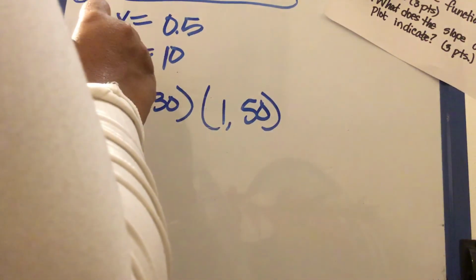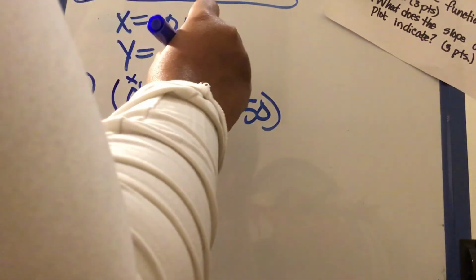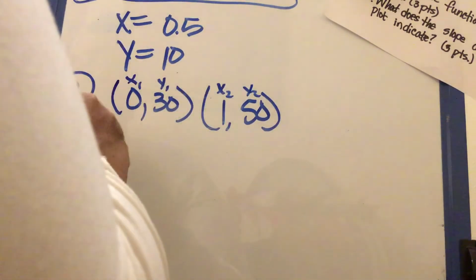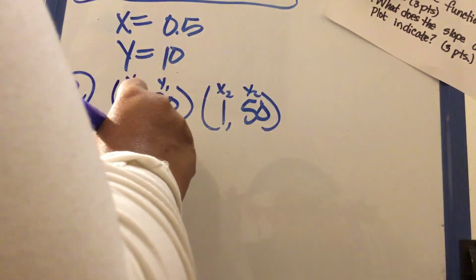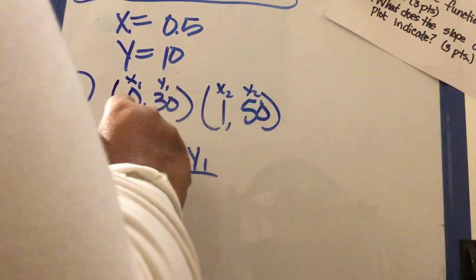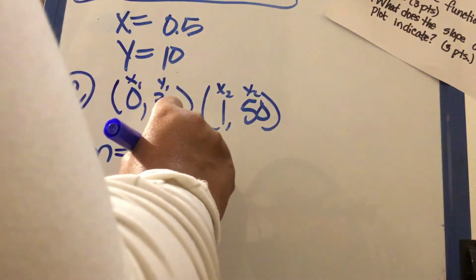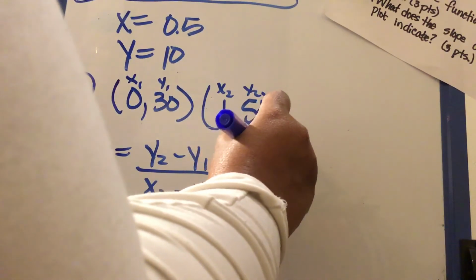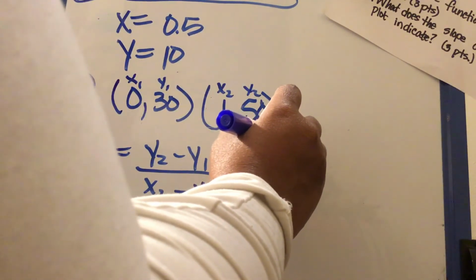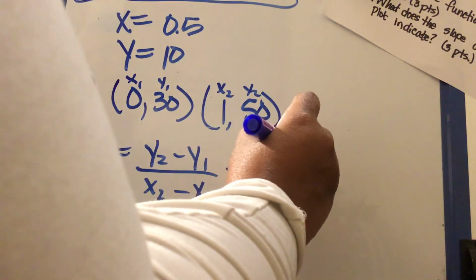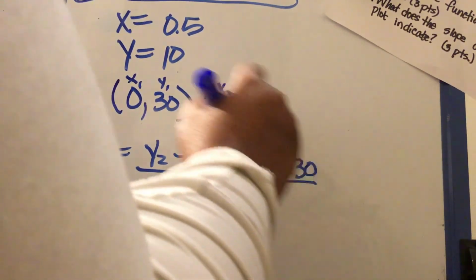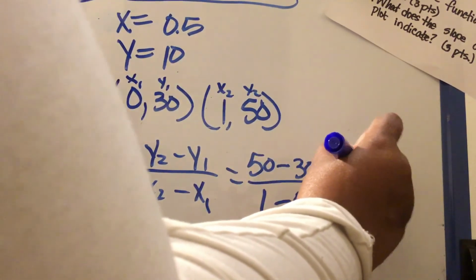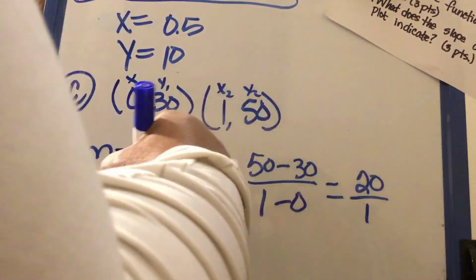Okay, so these are my 2 points. So this is x1, y1, x2, y2. So my formula to find my slope is y2 minus y1 over x2 minus x1. So y2 is 50 minus 30. And x2 is 1 minus 0. So that is 20 over 1.